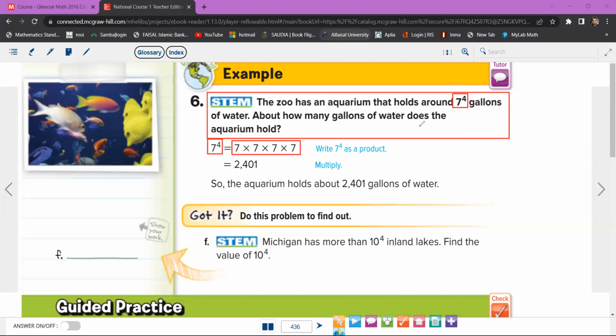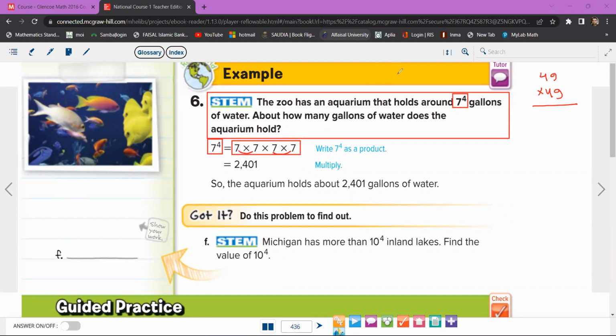How can we find out? We know that 7 times 7 is 49, and another 7 by 7 is 49. So multiplying 49 times 49 will be faster than multiplying 7 by 7, then by 7, then by another 7.